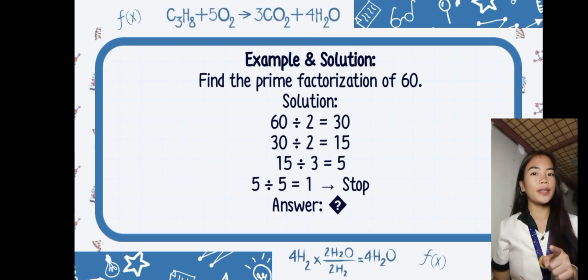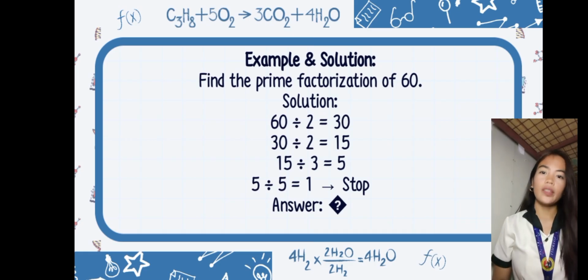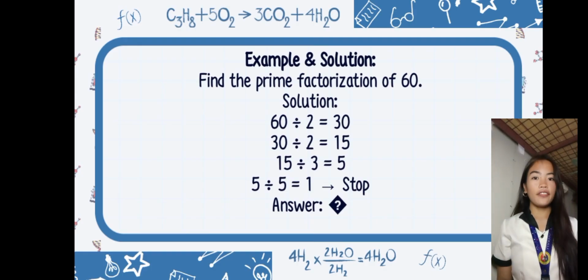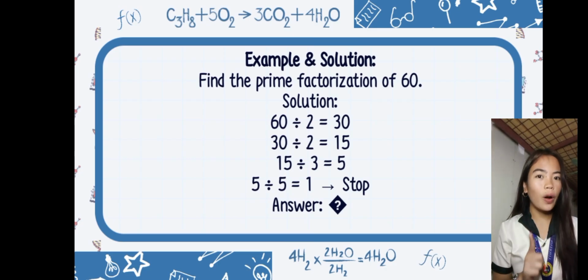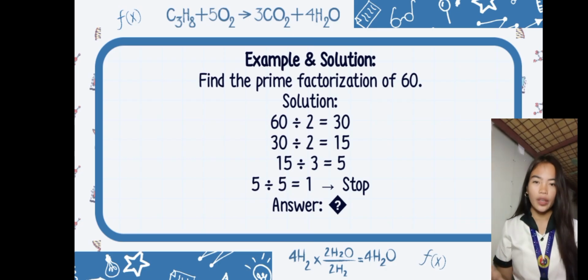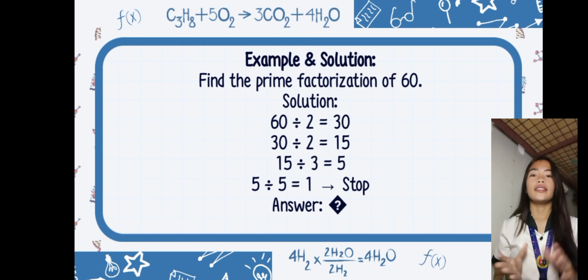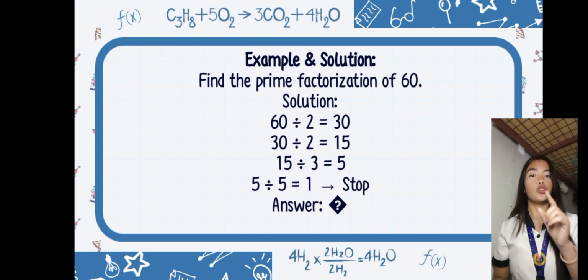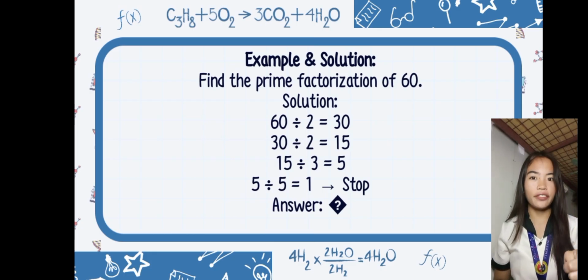We divide 60 by 2, which gives us 30. And 30 divided by 2 is 15. 15 divided by 3 is 5. And 5 divided by 5 is 1. Since we already reached 1, then we stop. Therefore, the prime factorization of 60 is 2 times 2 times 3 times 5.